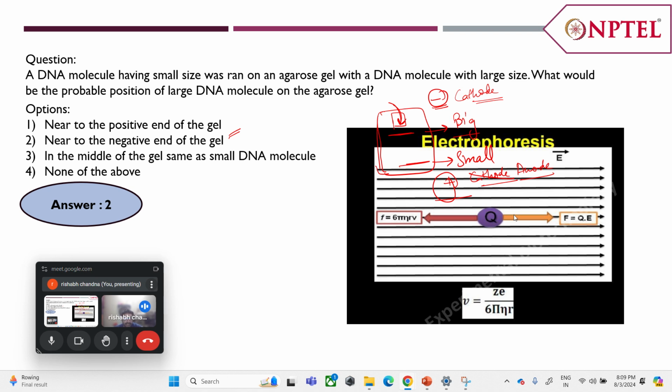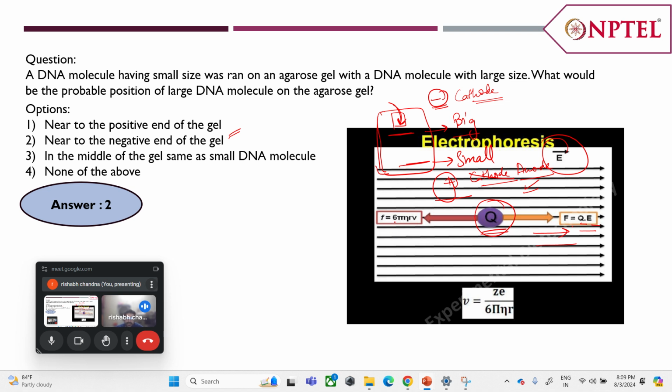As I explained in the last question also, this is a molecule and it has a charge on it that is depicted by Q. When it moves in an electric field, it moves with the force of the charge in the electric field, because we have applied the external electric field here, that is E. It would move with the force of QE, but it would also face a frictional force, or backward force, due to the gel or the viscous medium that we are running it in.